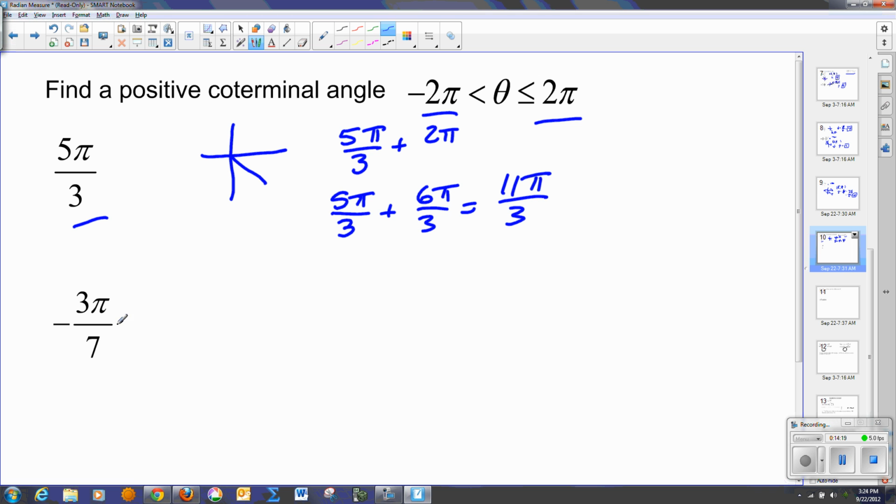So in this case, if I want to find a positive coterminal angle for the negative 3 pi over 7, I'm going to have to add 2 pi to that. Adding 2 pi is the same as adding 14 pi over 7.